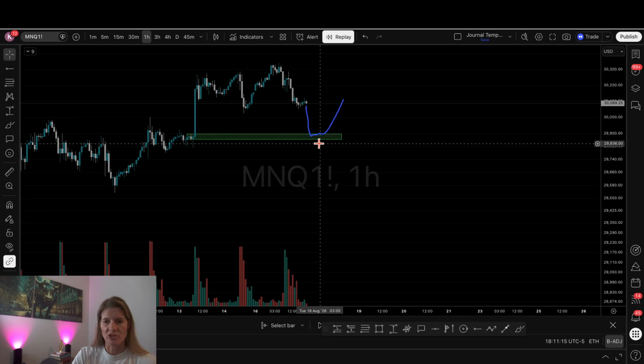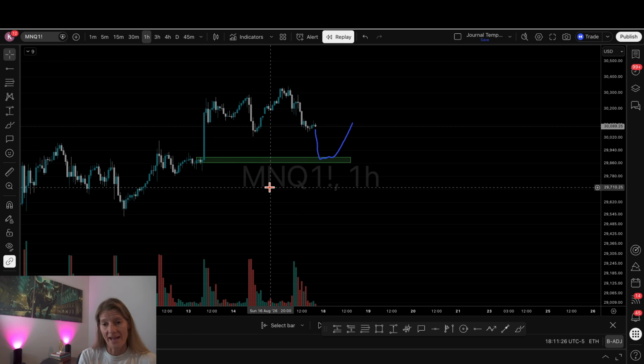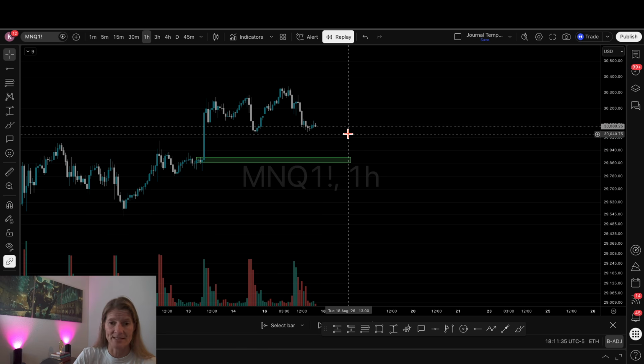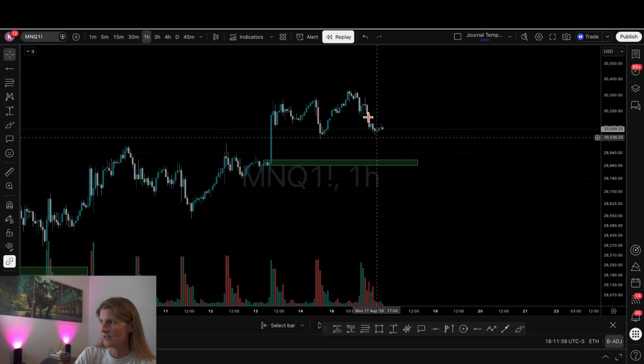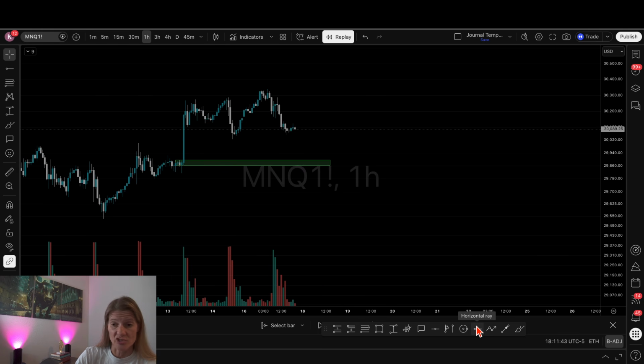So what I'm doing is looking for higher highs, higher lows on the 1-minute chart to show that we're actually getting a reversal at that level. Or another thing that I'll do is when I have levels that line up and I have multiple confluences or reasons to take a trade at that level, that is an A+ setup for me. So let's say price action moves forward and I trade the initial balance.